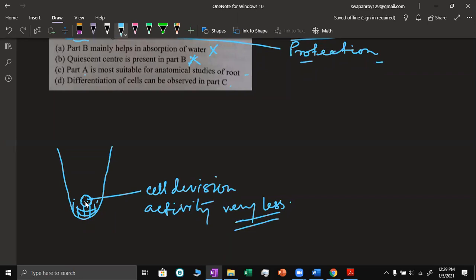This portion within this meristematic zone is called the quiescent center.